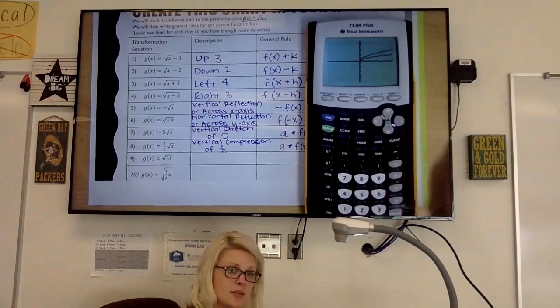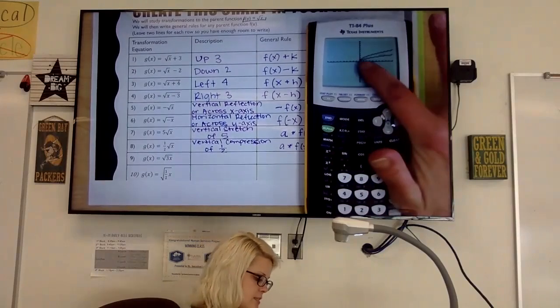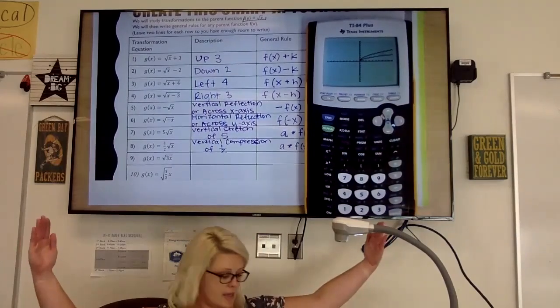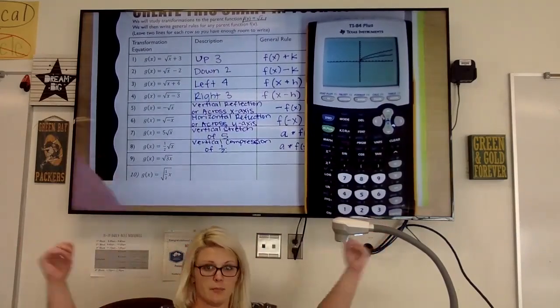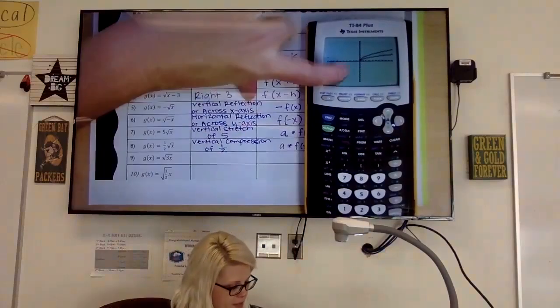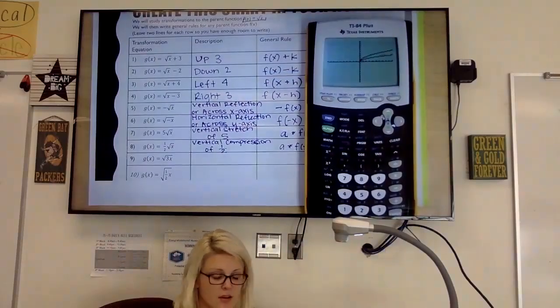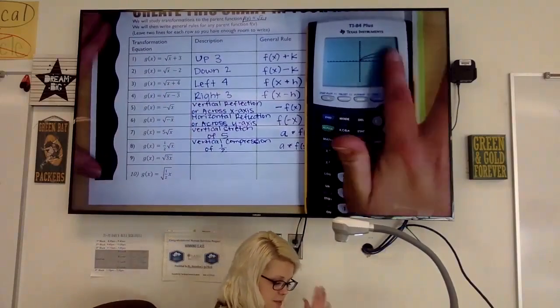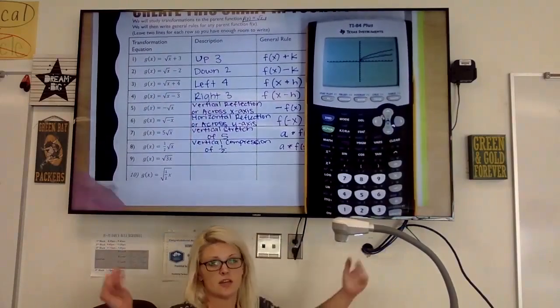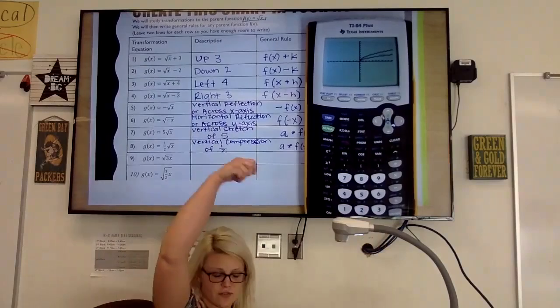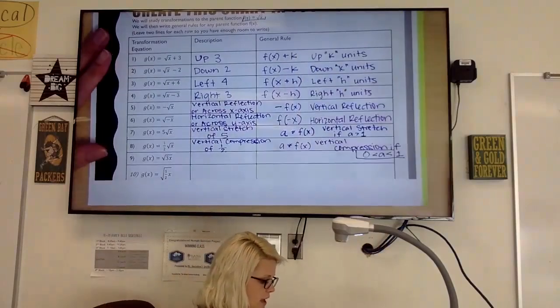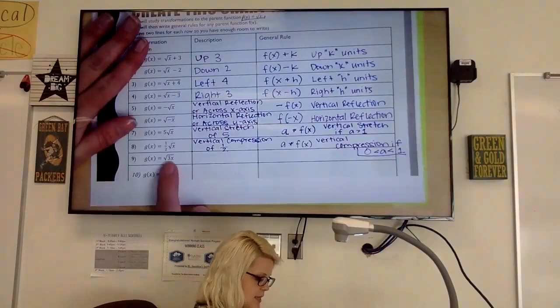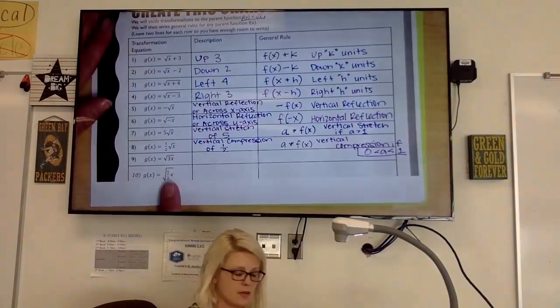It's really hard to picture in here, but what's actually happening is this original is being shrunk this way, pushed together. And when that happens, it makes it look a little bit taller. But it's hard to see really on a calculator that it's been shrunk. It's hard to tell the difference between shrunk this way versus stretched vertically. So that's why we really need to be able to know based on an equation what's happening.